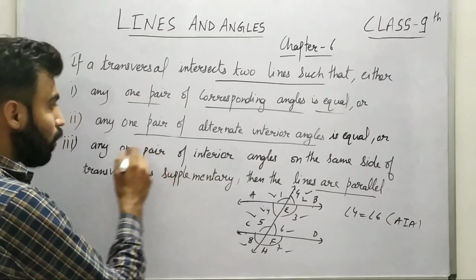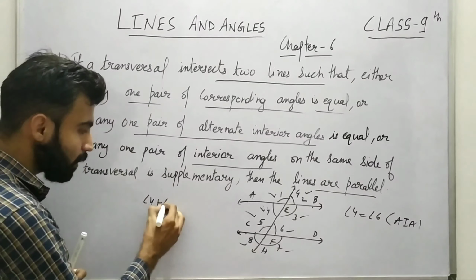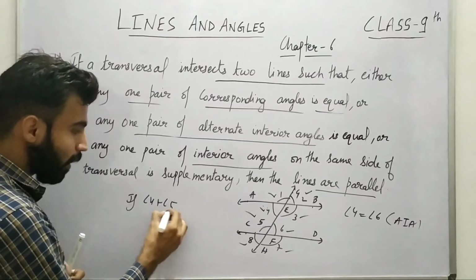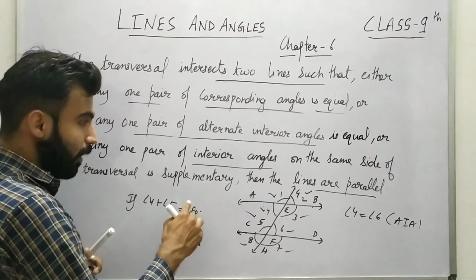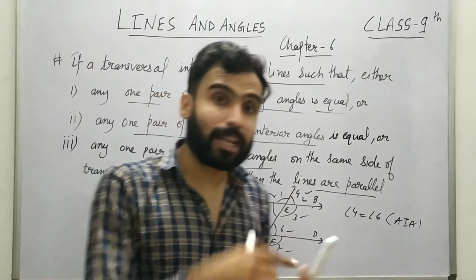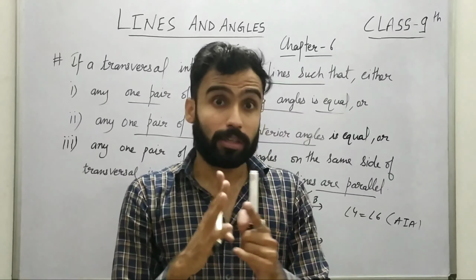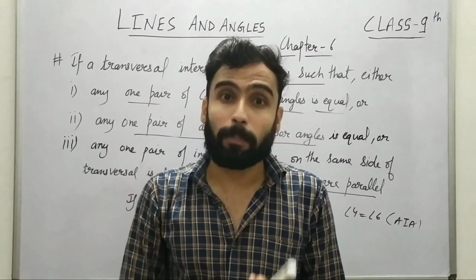Or if a pair of interior angles on the same side of the transversal, like 4 and 5, is such that 4 plus 5 is 180, then the lines are parallel, because interior angles on the same side of the transversal are supplementary. That means the lines are going to be parallel. So remember the previous condition, and now they are completely opposite.